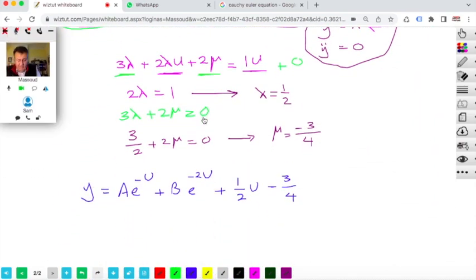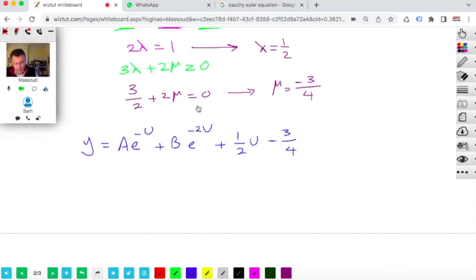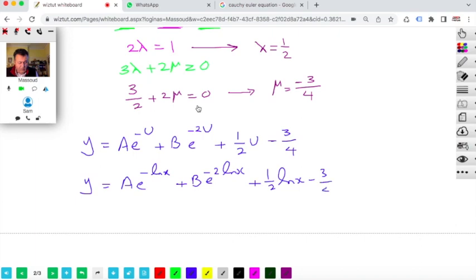So here we would have y is equal to a e to the power of minus log natural of x plus b e to the power of minus 2 log natural of x, and then plus half log natural of x minus 3/4.